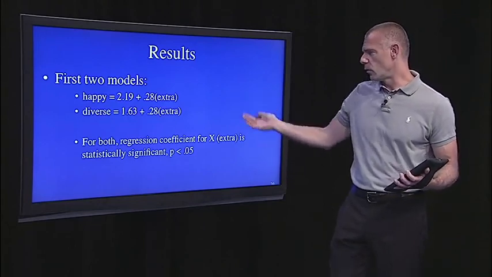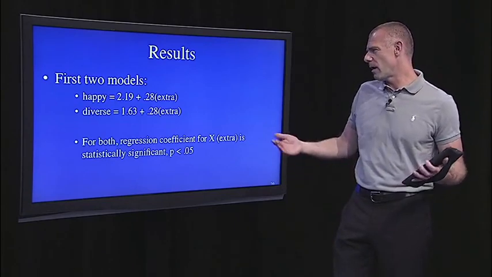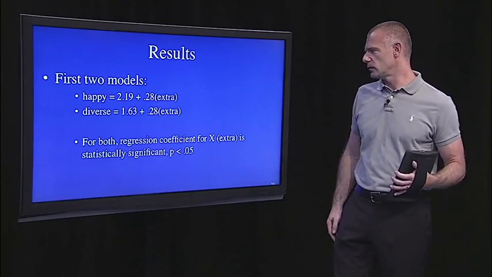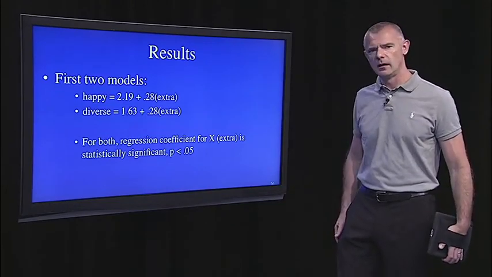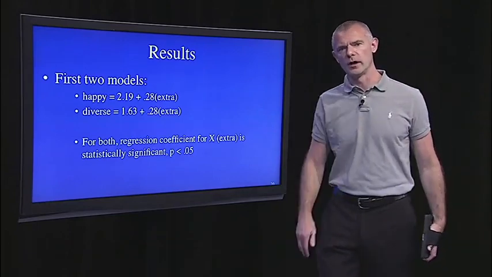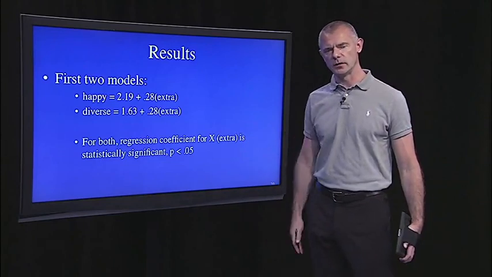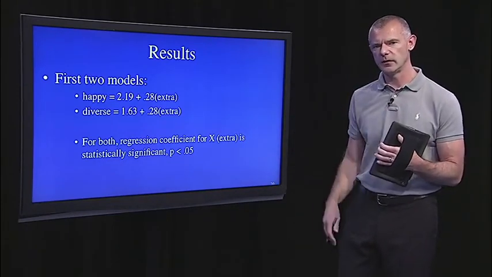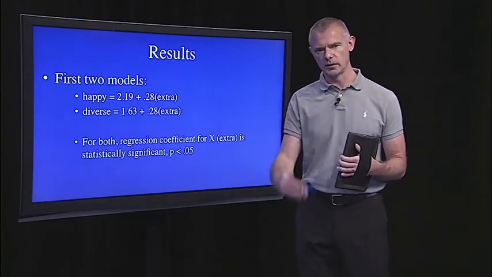That would be 4 times 0.28, a little over 1, plus 2.19, about 3.3, 3.4. So if you're high on extroversion, your predicted happiness score would be a little bit higher. They're positively correlated. Same thing for diversity of life experience. So the first two conditions hold. X is a significant predictor of our outcome, and it significantly predicts the mediator.